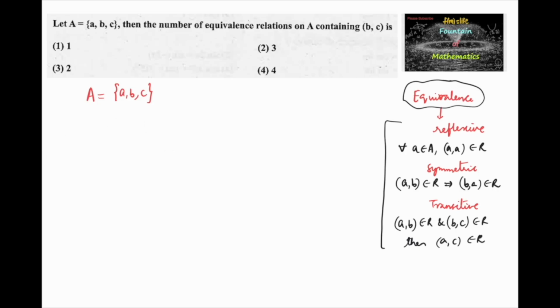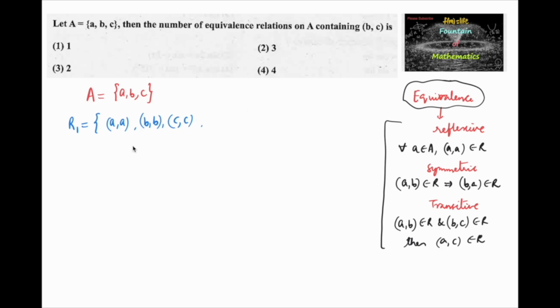So let us write, say R1 is equal to, first it should be reflexive, so we can write A comma A, B comma B, C comma C. For every element it should be satisfied.